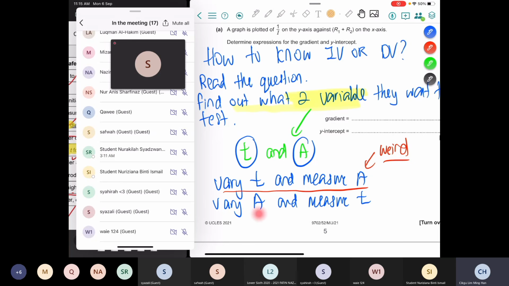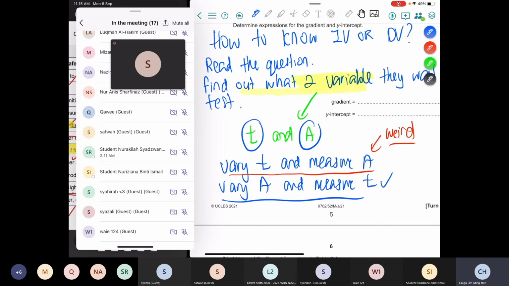If you look at the part below, you change the area of the cylinder, which is available in the question, because you were told you are given many cylinders with different cross-sectional areas. So you must make your own judgment. You vary the area and measure time. Measuring time is doable. That's why we use this one.